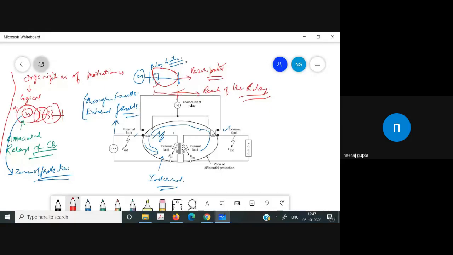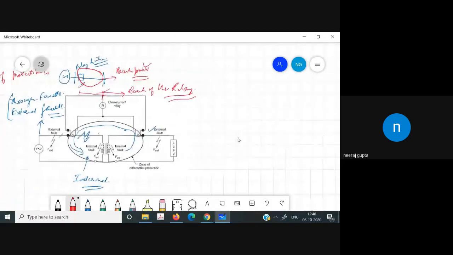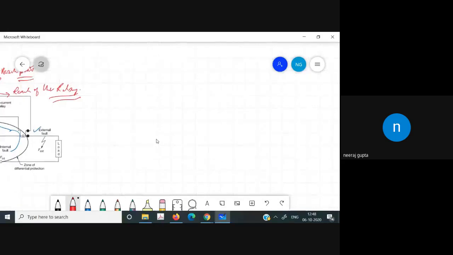Every protective system has a zone of protection, and the farthest point from the relay up to which the protection system operates is known as the reach point. And the farthest distance between the relay location and the reach point is known as the reach of the relay. So you must have these definitions in your mind.